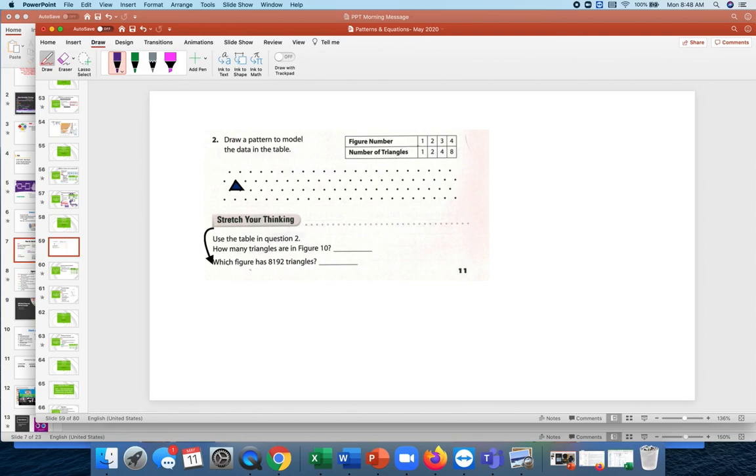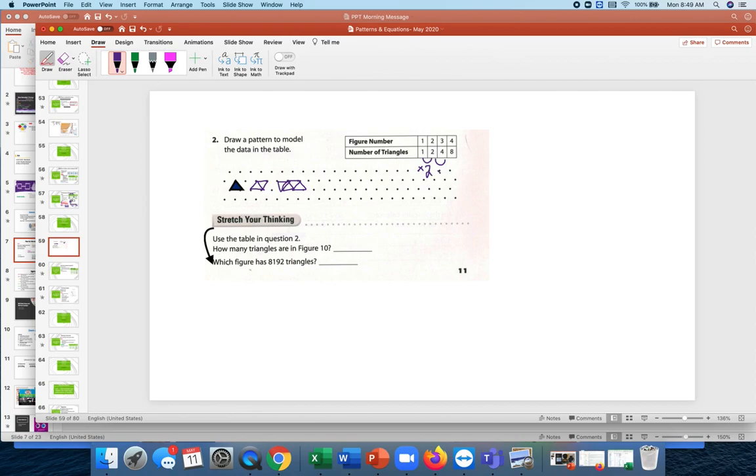Okay, so if we look here, we're drawing this. I went over this already. This would be figure number 2, and then figure number 3 has 4, and then 4. So we know what's happening here is we are multiplying the previous number by 2.